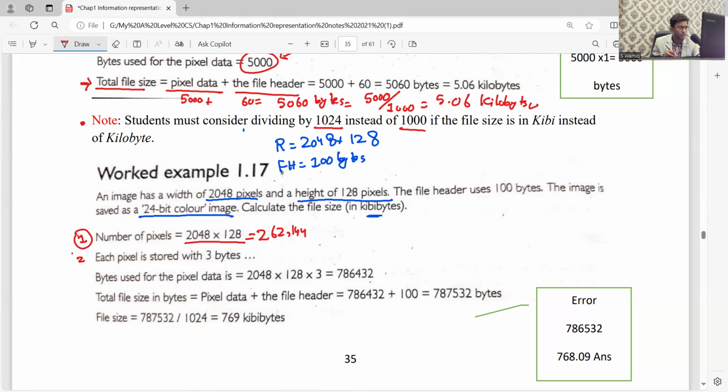So when it comes to the file size, each pixel is stored with 3 bytes because the image is using a 24-bit color image.